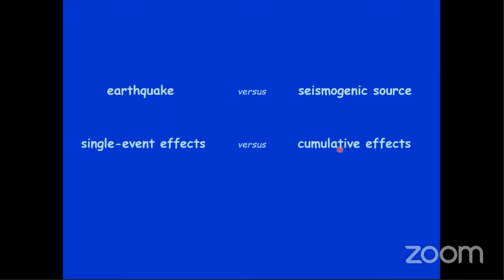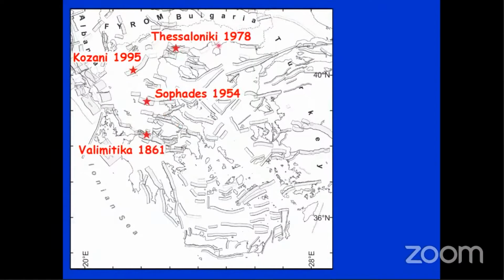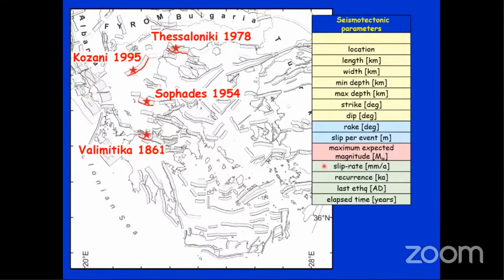It is useless to stress that while single event effects could be approached and analyzed based on different disciplines, like instrumental seismology, historical seismology, earthquake geology, the analysis of cumulative effects could be based solely on earthquake geology, at least in the Mediterranean region. So the exercise was to consider some major past events, both historical and instrumental ones, and the corresponding causal sources in order to quantify the seismotectonic parameters of these sources, okay?